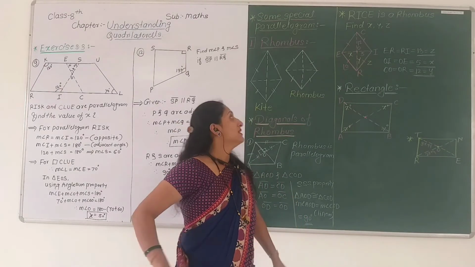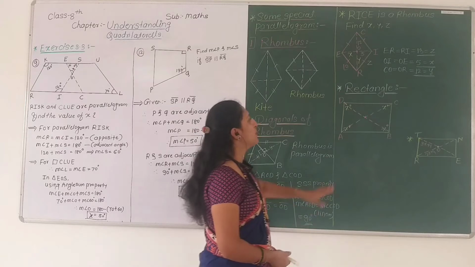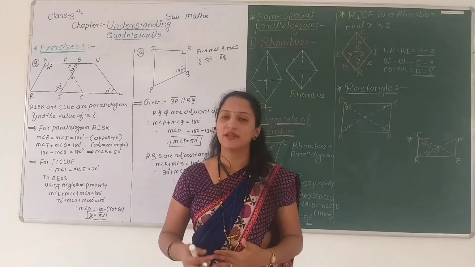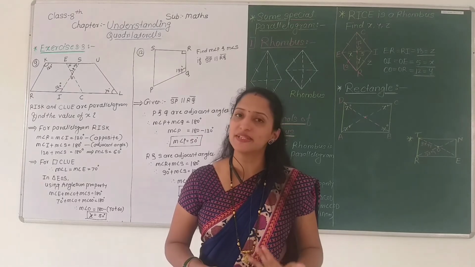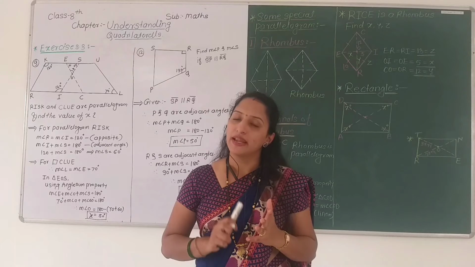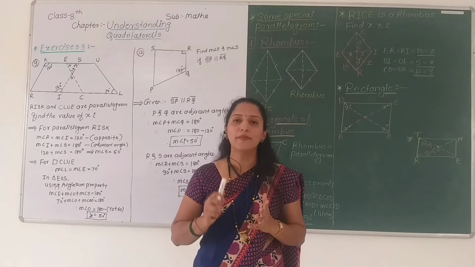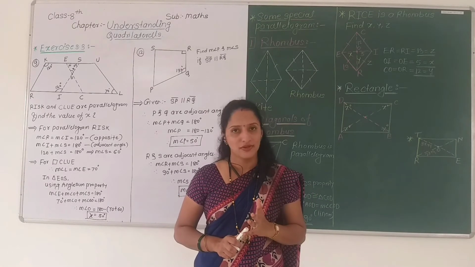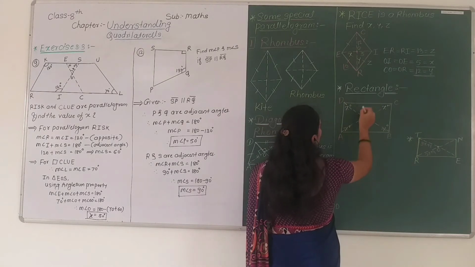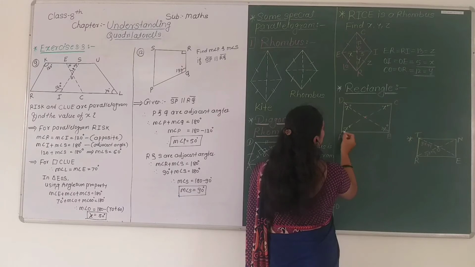Okay. Now the next special type of parallelogram is a rectangle. That means a rectangle is also a parallelogram. A rectangle has all the properties of a parallelogram. Look here.